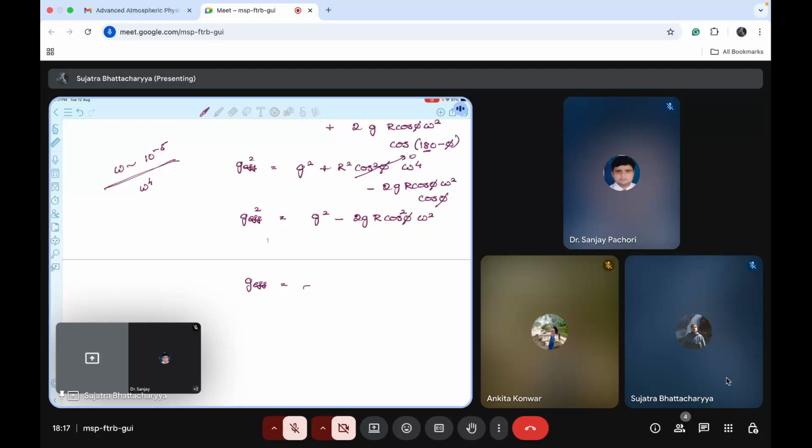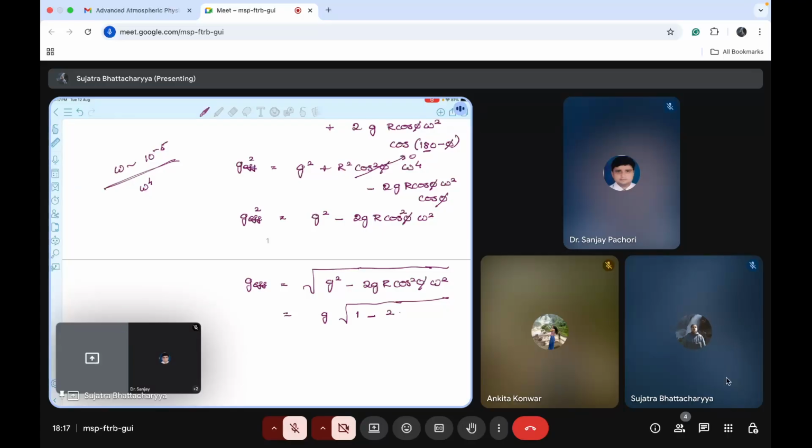All right. So finally, it will be root over g square minus 2g r omega square cos square phi. Let's take the g out of this. So what you will get? From the root we are taking g square out, that's why I have written g here.